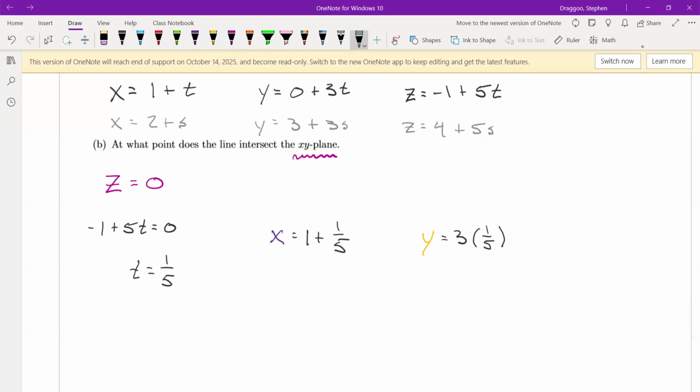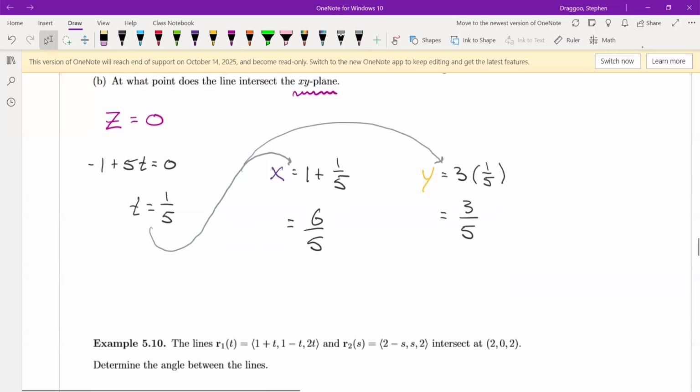Where I'm getting both of those by taking this 1/5 and plugging it into each of those equations. So I just need to simplify this thing. I think that's 6/5 and 3/5, giving me a point of 6/5, 3/5, 1/5. Nope, 3/5, 0. Right? Not 1/5 for z.